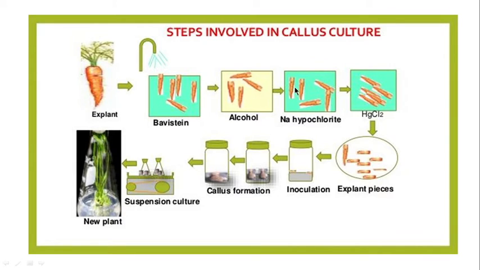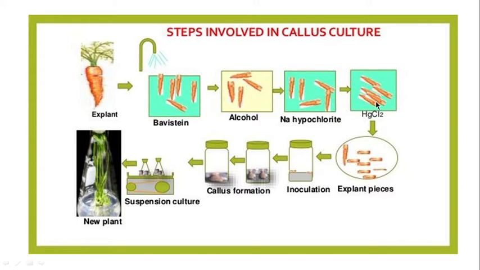Then sodium hypochlorite. Sodium hypochlorite has strong oxidizing properties, and it has high reactivity towards nucleic acids, amino acids and amines, and in this way it will prevent bacterial and viral infection. So to protect the explant from bacterial and viral infection, the treatment with sodium hypochlorite is given.